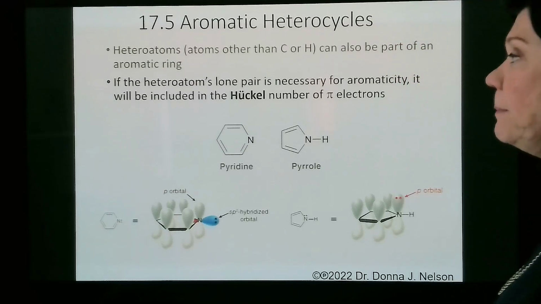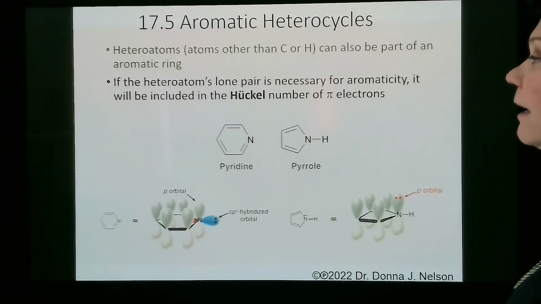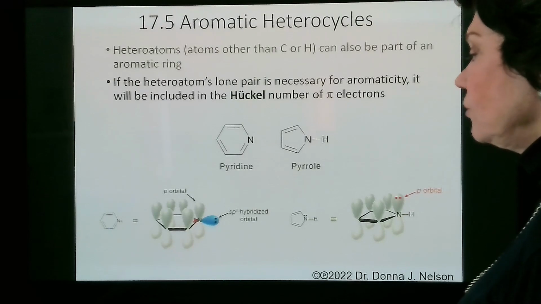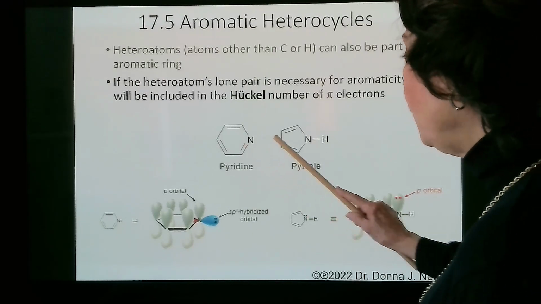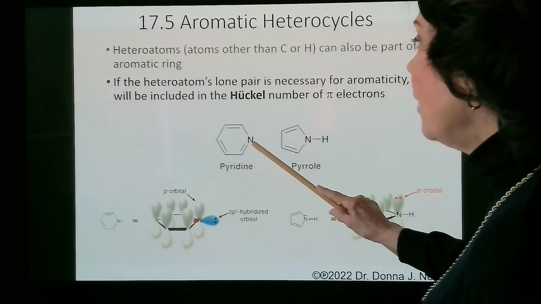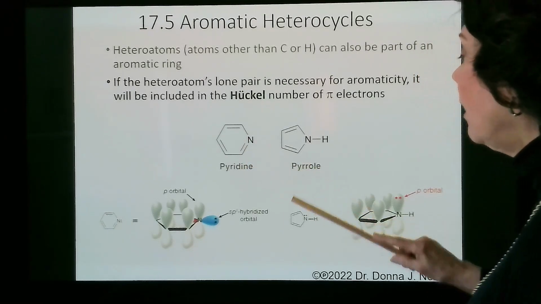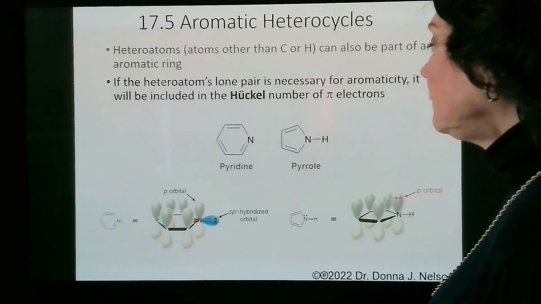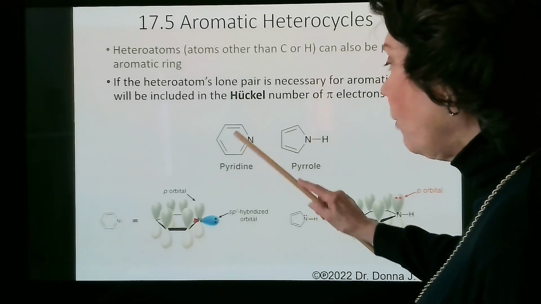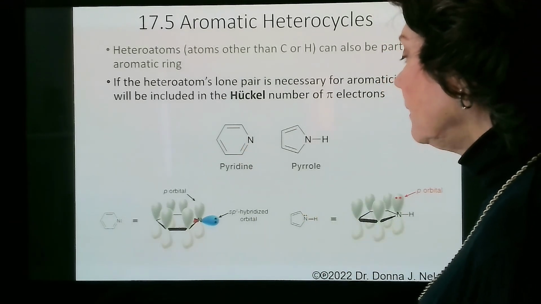Heteroatoms also can be in aromatic compounds. So now you see these two molecules. These are nitrogen containing. This one is pyridine, this is pyrrole. You see this is aromatic, 2, 4, 6 pi electrons.